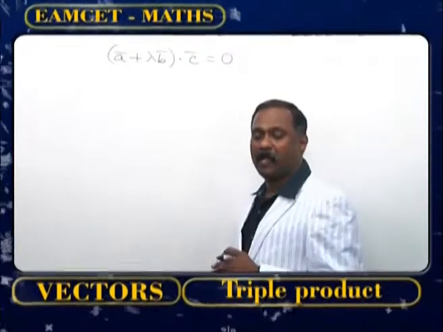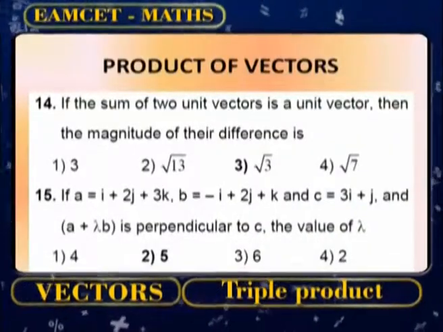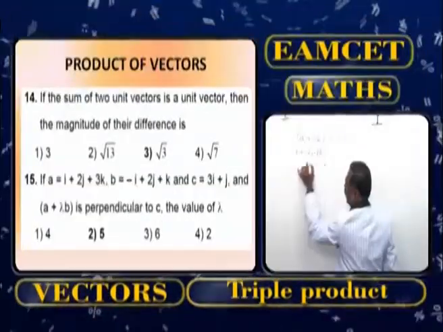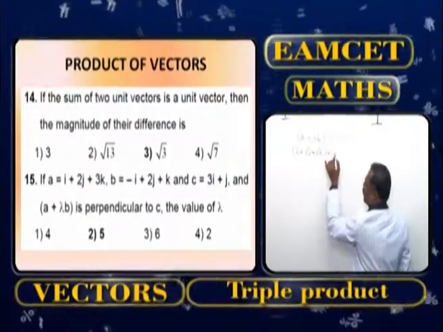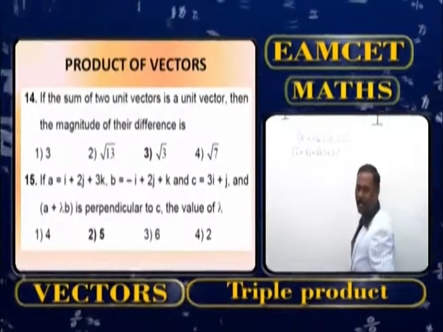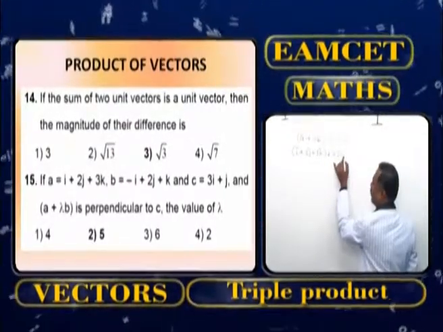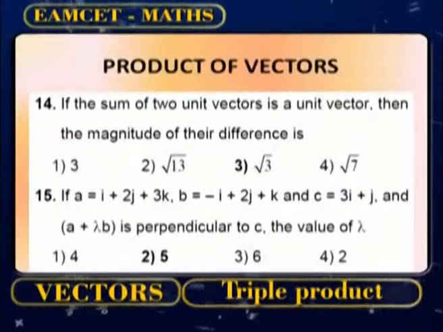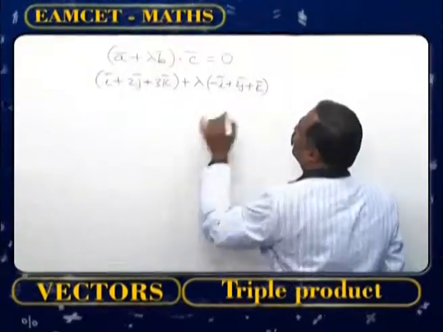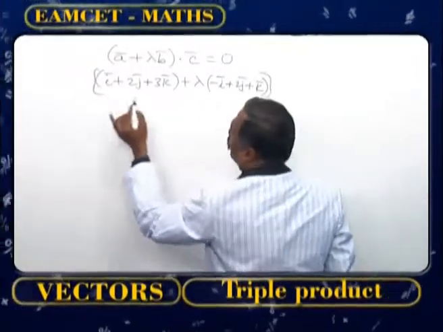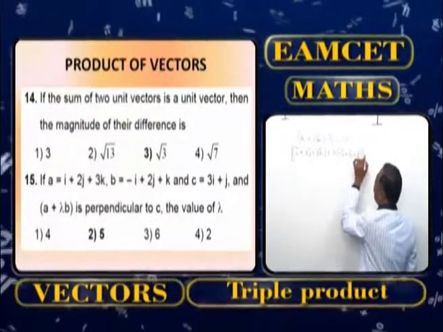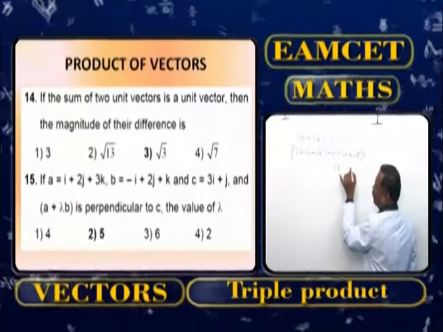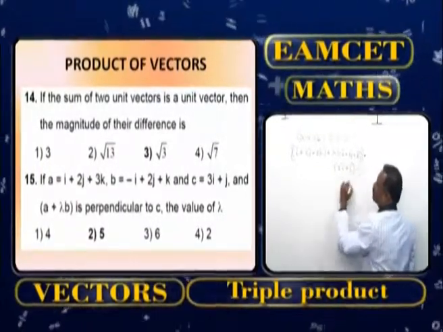A bar is I plus 2j plus 3k, plus lambda into, what is B bar there? Minus I plus 2j plus k, dot of, what is C bar given there? 3i plus j, is equal to 0.